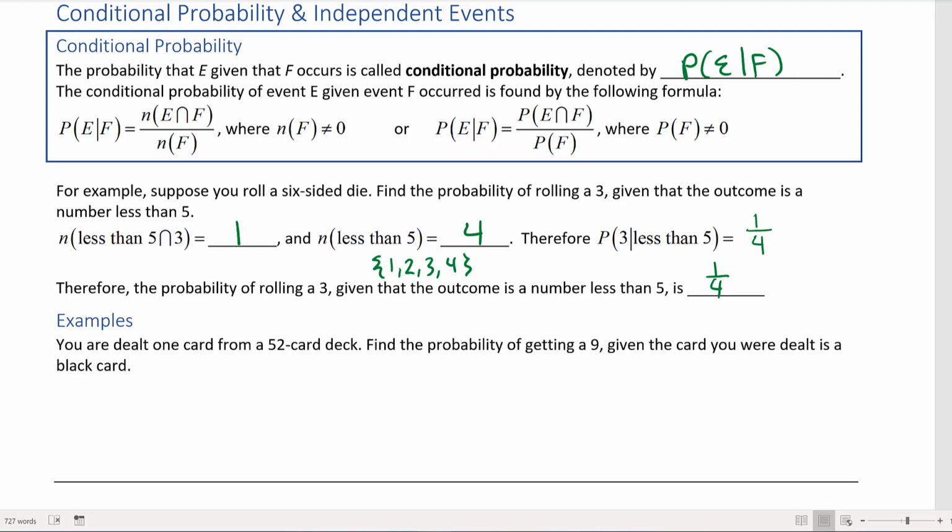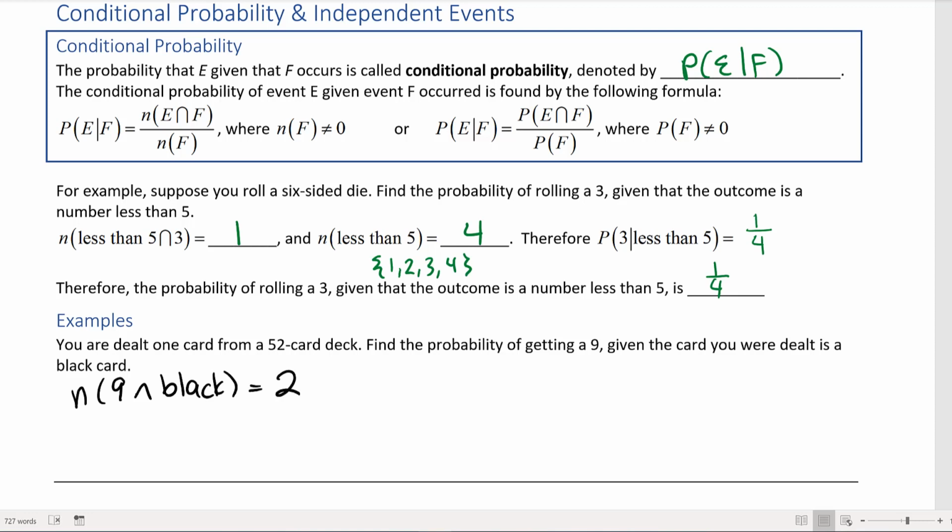So let's give another example here. Suppose you're dealt one card from a 52 card deck. Find the probability of getting a 9, given the fact that the card that you were dealt was black. So you know it's black, but what's the probability of getting a 9? The number of 9 and black is 2, the 9 of clubs and the 9 of spades.